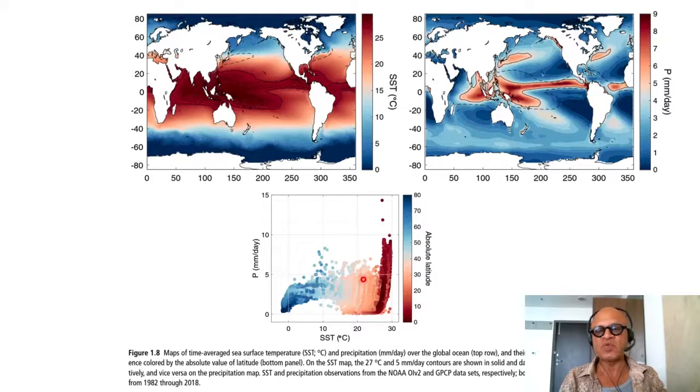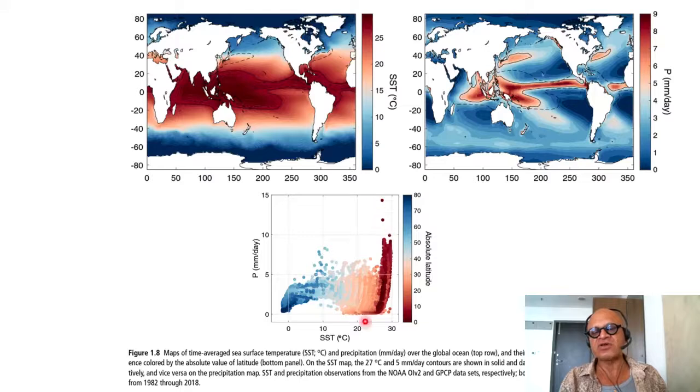But you can see that in the warm latitudes, where temperatures are much warmer than at high latitudes, you still get very dry regions like the subtropical oceans where the Hadley cell is descending, so the rising air in the ITCZ is sinking, and that's where the deserts are formed on land as well. So even though temperatures are warm, you have precipitation that could be very low or reasonably high, depending on whether you are within the subtropical gyre or within the rain bands.